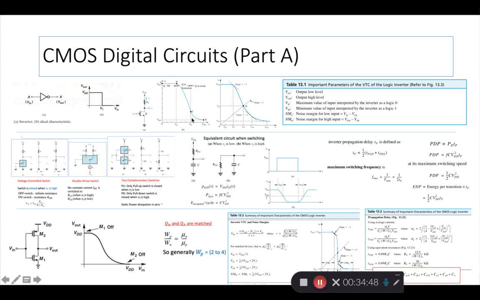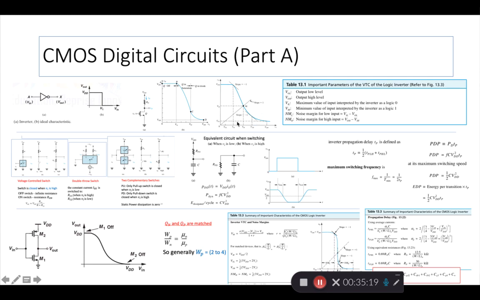As we swing between the two, we get the behavior of an inverter. When the input is high, the output goes low, and when the input is low, that means this region, the output goes high. That's all natural in an NMOS device, and hence it makes for a great inverter. So this is the VTC. I'm sure you remember that, we just talked about it.